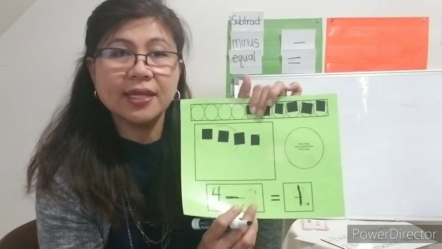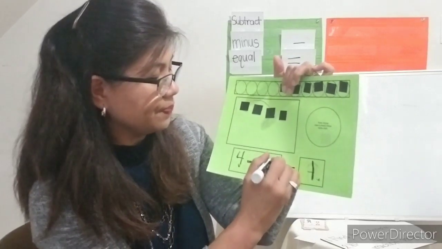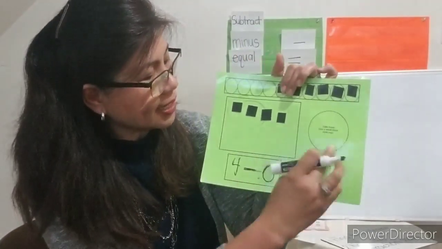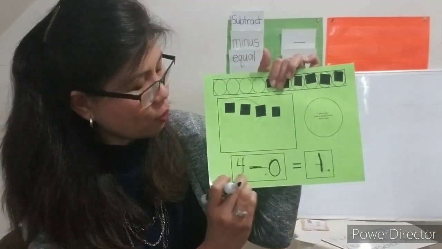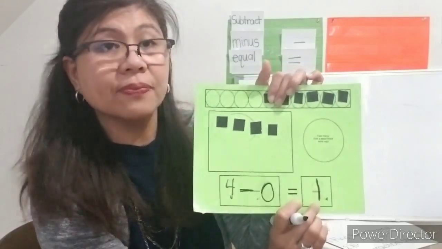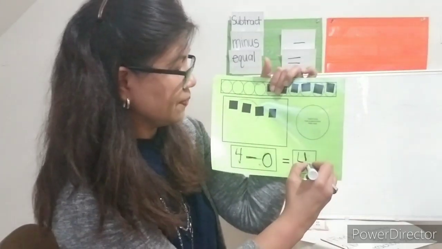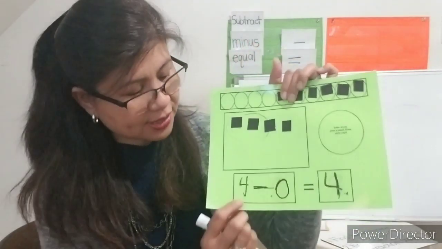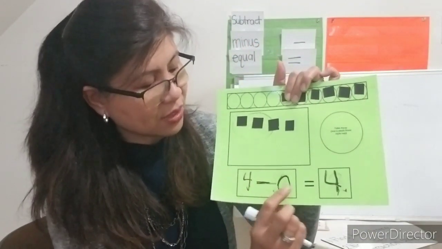Did I cross out anything? I did not. So what's the number? 0, because I didn't do anything. I still have 4. So what's the answer? How many do I have left? 4 minus nothing. How many are left? Equals, I still have 4. There you go. I didn't do anything. So let's read the subtraction sentence. Go. 4 minus 0 equals 4.